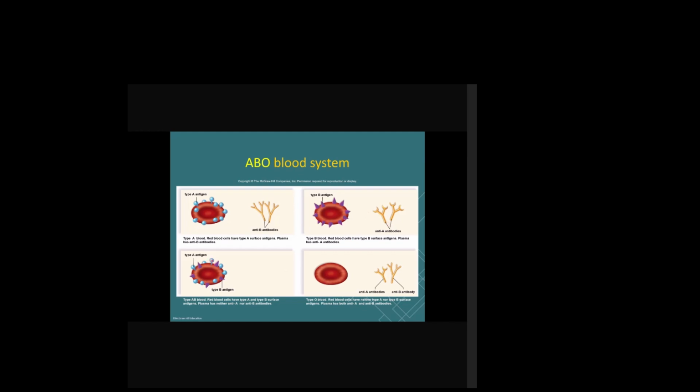If you are blood type AB, you do not have any antibodies against either A or B. Because if you did, each time antibodies go and bind to something, it marks that thing for destruction.